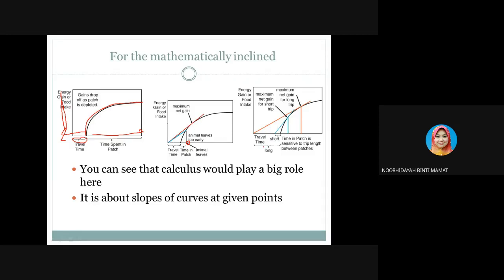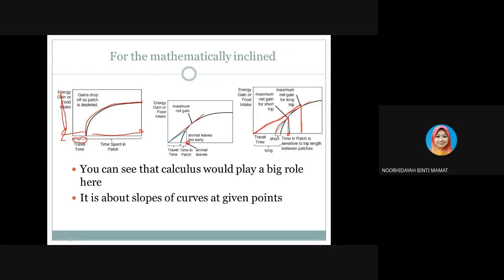As you can see from this graph, if the travel time is short, the animal will leave the patch earlier compared to animals that have longer travel time.